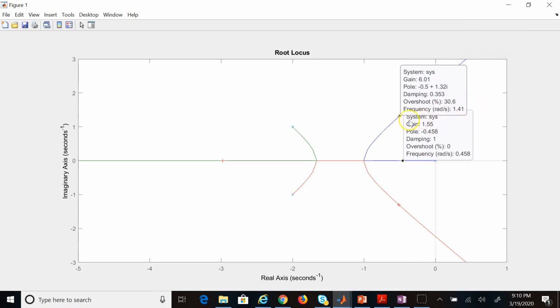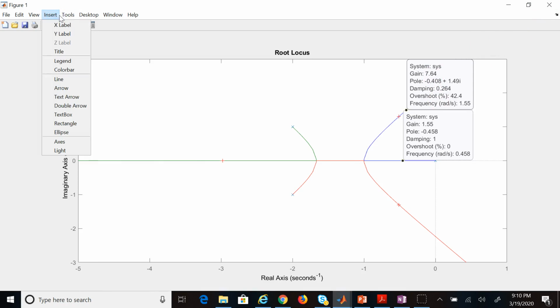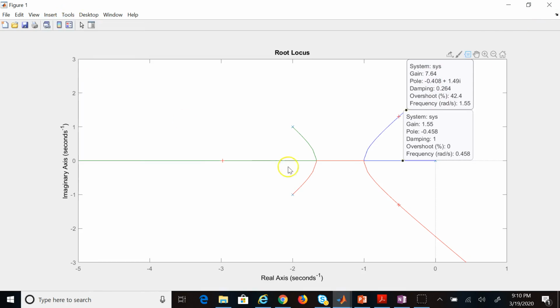MATLAB here can give you, in this case, quite nice accuracy. I didn't use the data tip, I just clicked on it directly. Because when you use the data tip, it jumps, so the data tip has limited accuracy.